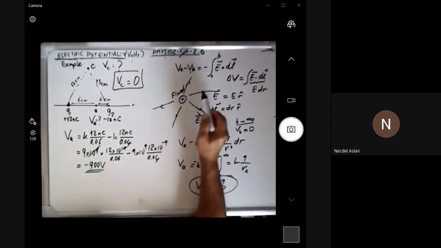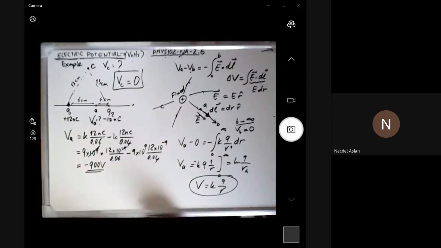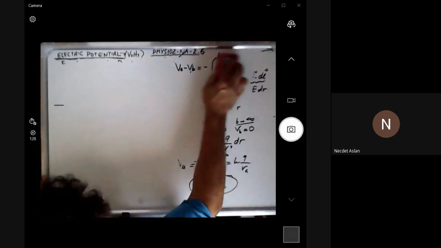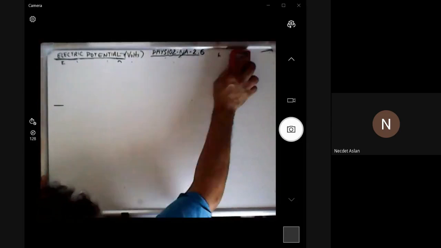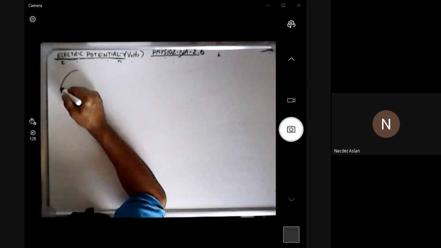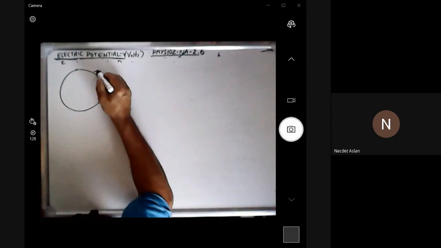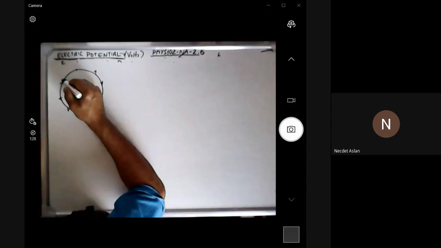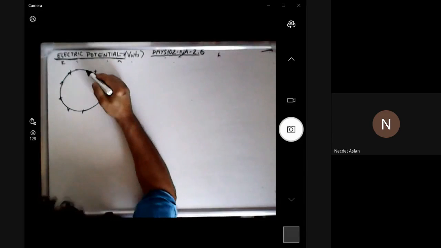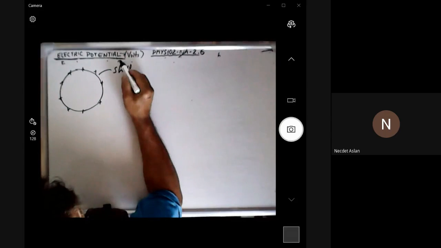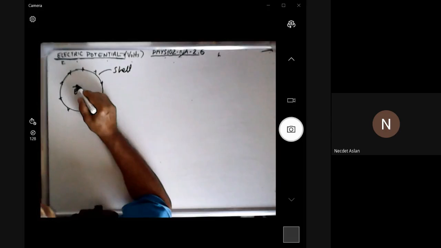All right, so now we did this example. Now let's do another example with some other shapes. For instance, we consider a shell, and the charges are distributed on the shell. It doesn't matter if it is conducting or non-conducting. As far as it's a shell, we know that inside, the electric field is totally zero.